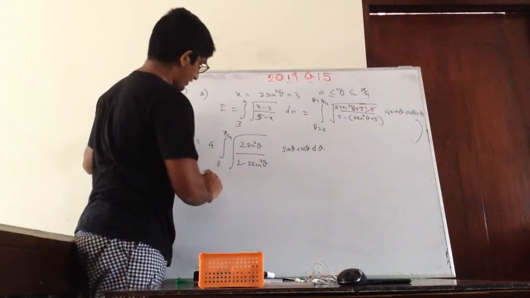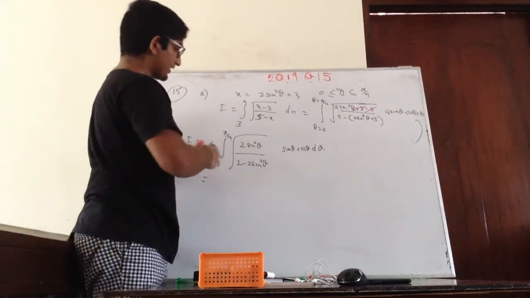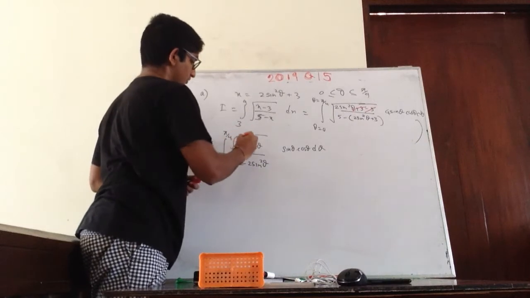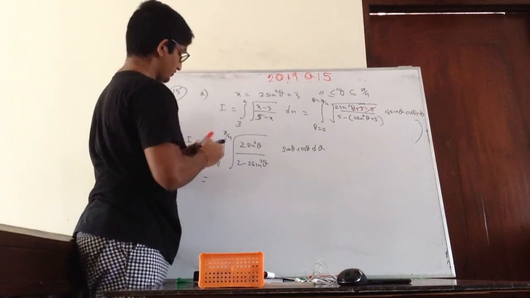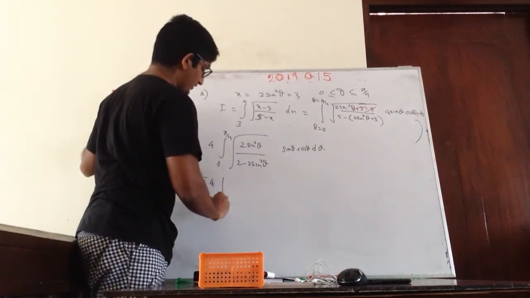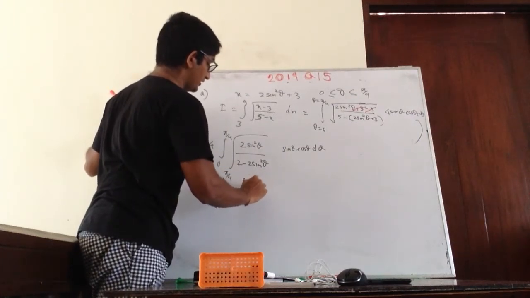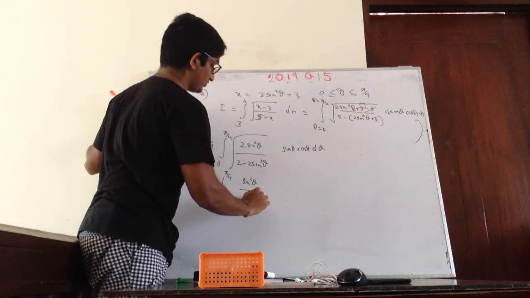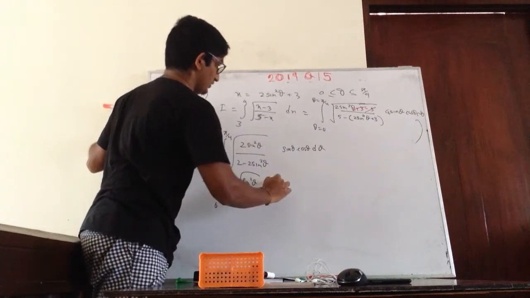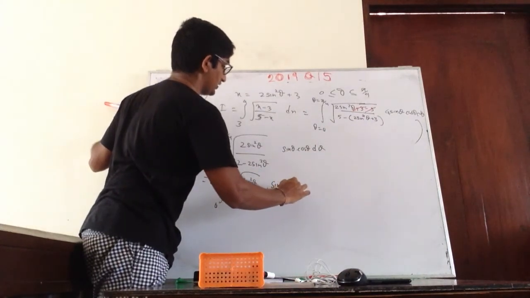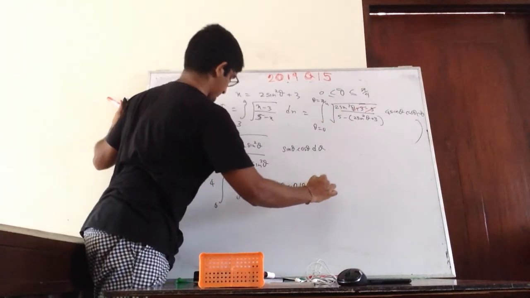Right, so here I can cut the 2 off as well. We'll cut that. 0 to pi over 4, sin squared theta, 1 minus sin squared theta, then sin theta cos theta d theta.